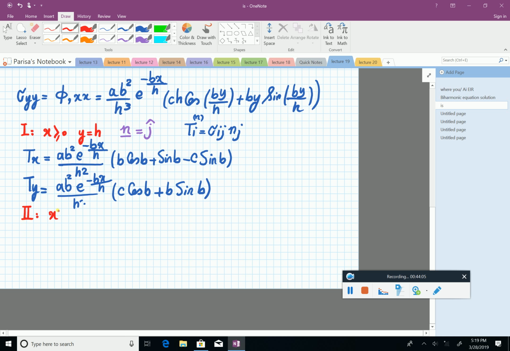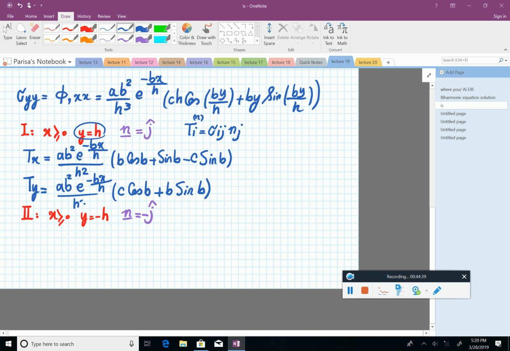So it's the same x, but y is equal to minus h, n is what? Yeah, just to see everyone is still with me. And remember that here I have substituted y equal to h. That's why instead of by over h, you just see b in the equation.